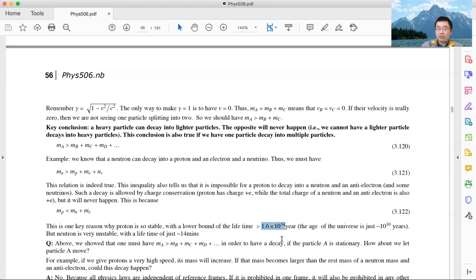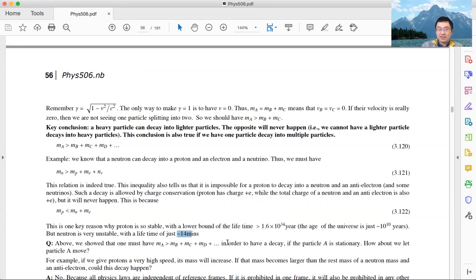Remember the age of our universe is just 10 to the 10 years. So although we don't know exactly whether the lifetime is infinite or not, the lifetime of proton is much larger than the lifespan of our universe. In that sense, proton has pretty much infinite lifetime, whereas neutron has a very short lifetime. The lifetime is just 14 minutes.